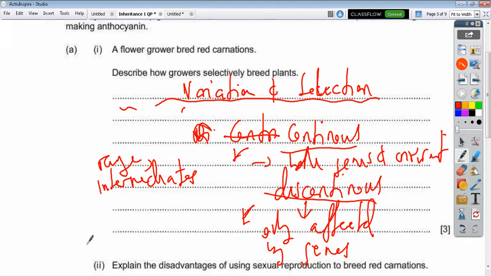So these are two extremes. It's either you've got dimples or you don't have dimples. That's discontinuous. And this is only affected by genes. Are we together? Is that making sense?